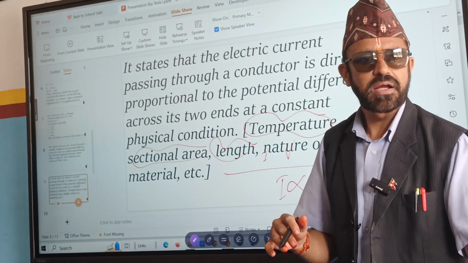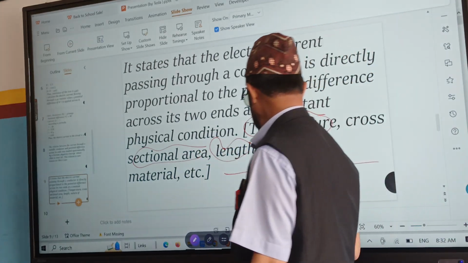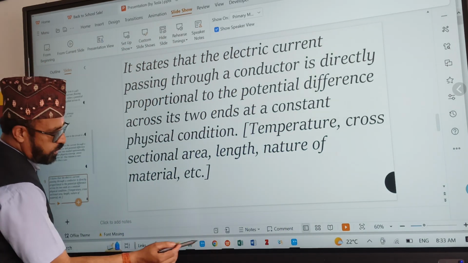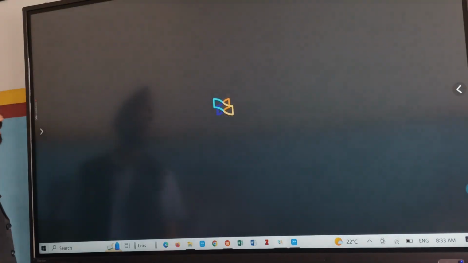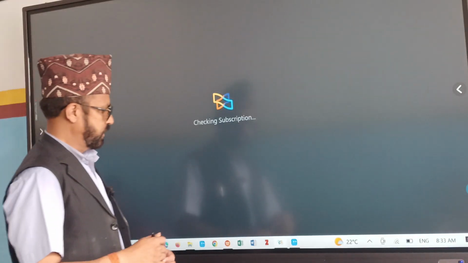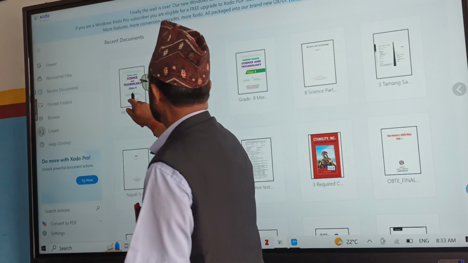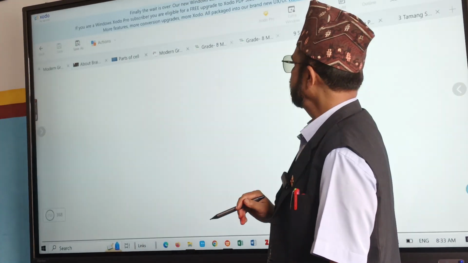In a conductor, very high. So these conditions must be constant. Then you have to remember one formula that is derived from this. What is that formula?